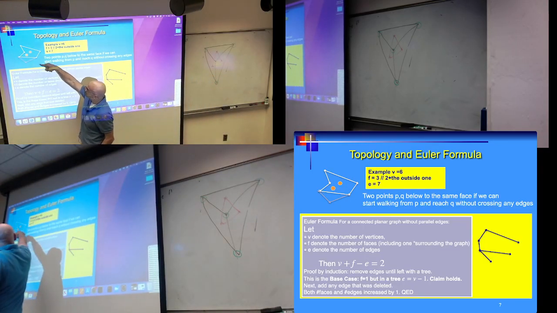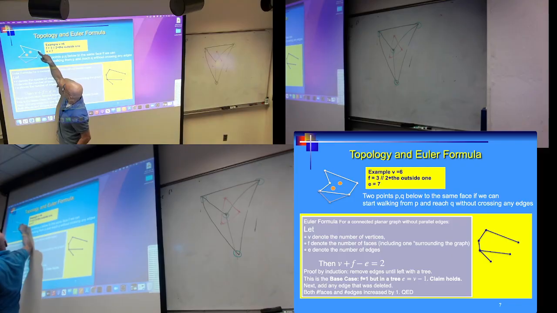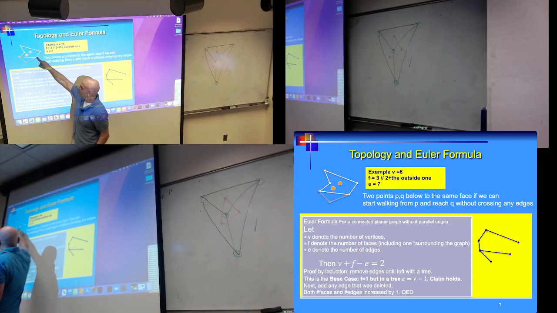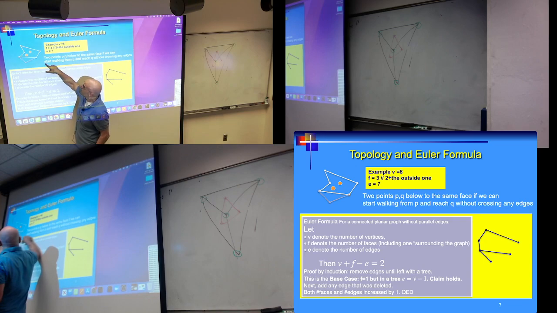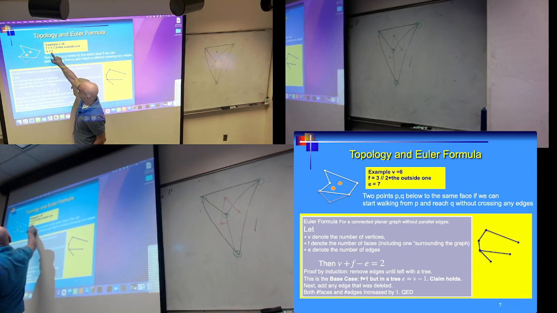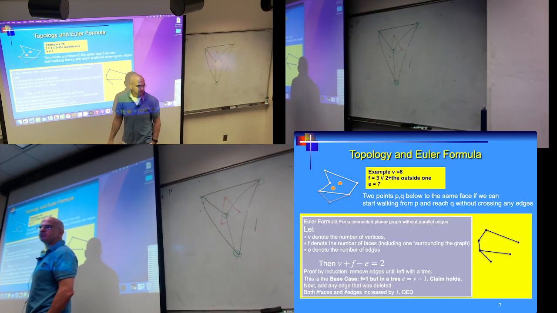Count this graph, this example. It has 6 vertices, 1, 2, 3, 4, 5, 6. It has 3 faces. How come? 1, 2, 3 outside. And it has 7 edges. 1, 2, 3, another 4 over there.